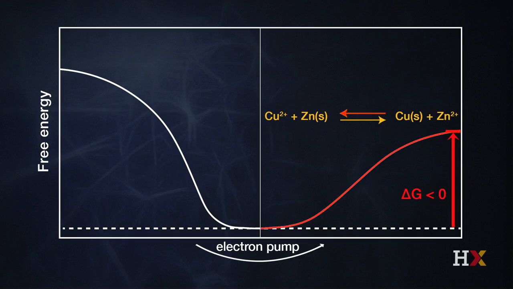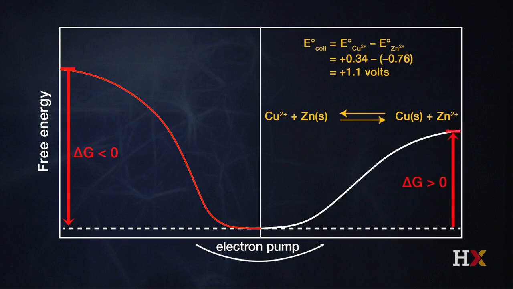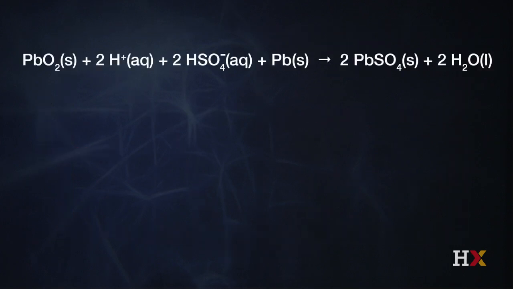But as soon as we apply a voltage that's larger than the cell voltage, which, as we know for our copper zinc cell, is 1.1 volts, if we apply a larger voltage to that, those two Gibbs free energy surfaces couple together. So let's take the lead acid battery that we use to start gasoline automobiles.